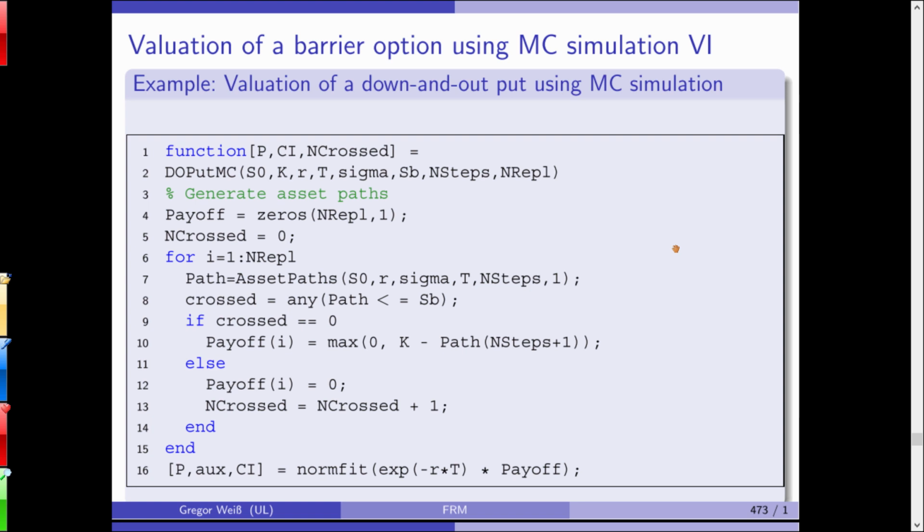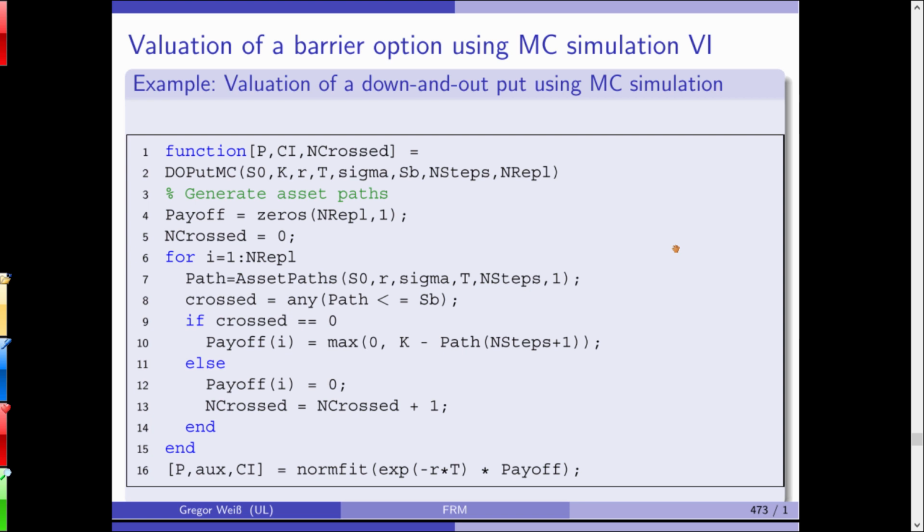Meaning, crossed is a vector that shows you all those underlying prices that are below the barrier. And if crossed is equal to 0, meaning that the barrier has never been crossed, the option has not been knocked out. So the payoff is a maximum of 0 and the strike minus the last underlying price.